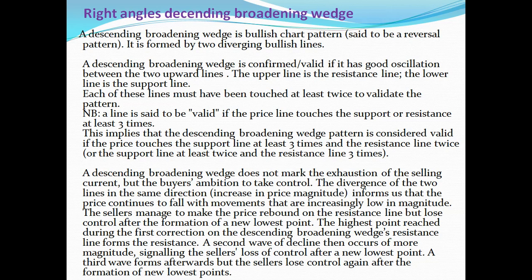NB: a line is said to be valid if the price touches the support or resistance at least 3 times. This implies the descending broadening wedge pattern is considered valid if the price touches the support line at least 3 times and the resistance line twice. So please remember this, or the support line at least twice and the resistance line thrice.